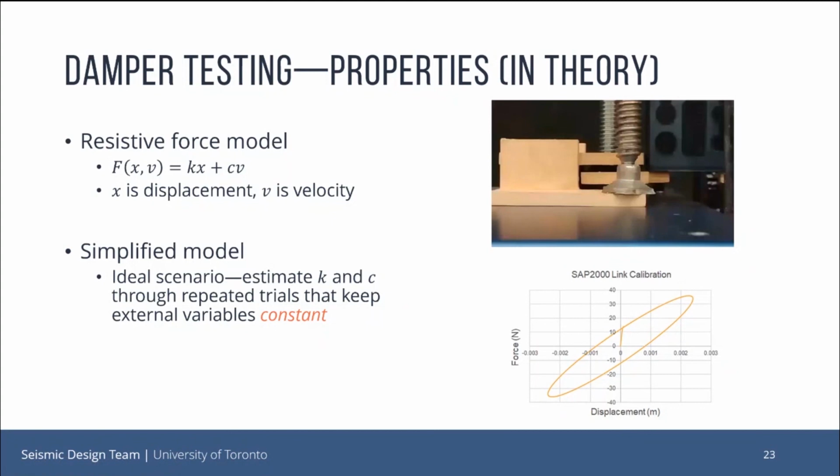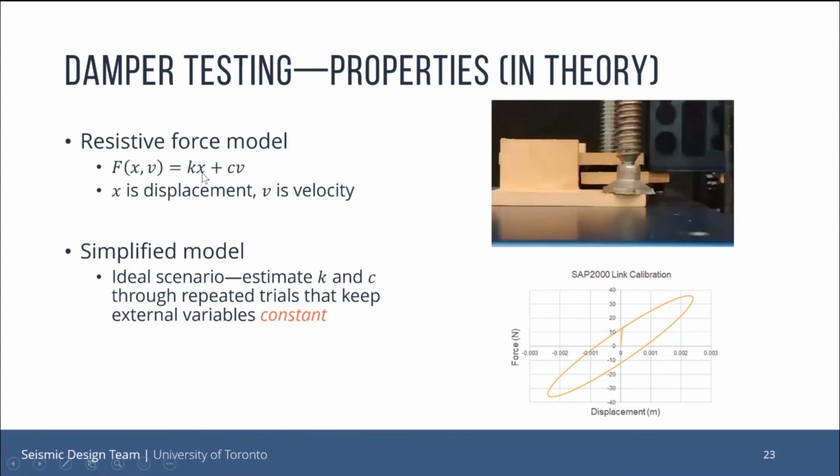Damper testing, as I'm sure most of you know, is particularly hard and difficult to not only set up, but to ensure that the results actually make sense. Because there's so much variability in damper testing, it's never the case that we're going to practically see linear regression on this type of force model. But in a case where most of the external variables are kept constant, it could be possible to perform a regression on this force model.